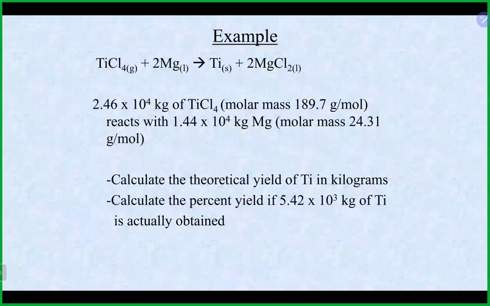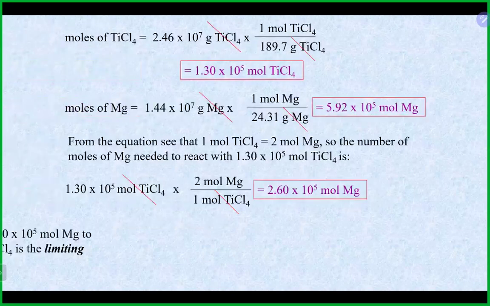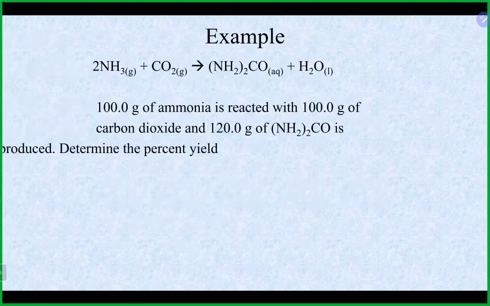Molar mass there, 24.31. Calculate the theoretical yield of Ti in kilograms and calculate the percent yield there. Actually, let's skip this one for a second. Let's do this one, actually. I think I like this one better. We'll come back to this one here, I think. Let's actually do this one here.